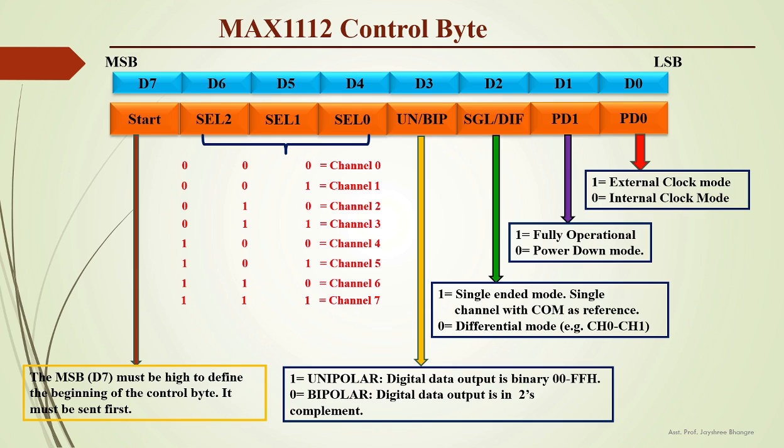If we make this bit equal to 0, then internal clock mode is selected, where the conversion speed is dictated internally and the serial strobe pin goes high to indicate end of conversion. So in this way, by making these bits 0 or 1, we can decide the mode or function of the ADC chip.